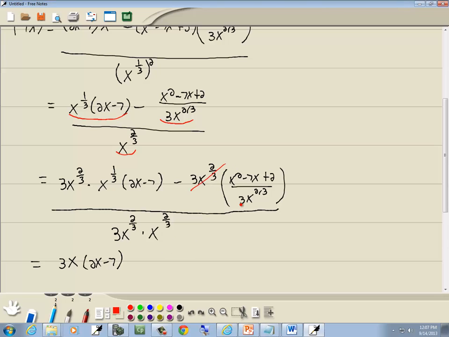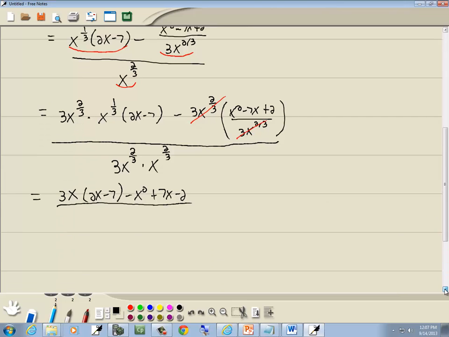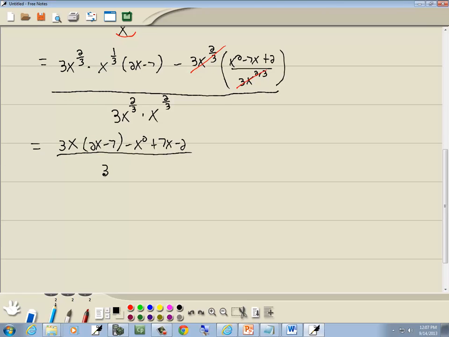This 3x to the 2/3 cancels that one. And the negative that's out in front is going to flip the sign of everything there. So that gives me a negative x squared plus 7x minus 2 all over. And again, if you're multiplying x to a power times x to a power, you add the exponents. 2/3 plus 2/3 gives us 4/3. Multiply this through. 3x times 2x is 6x squared. 3x times negative 7 is negative 21x.